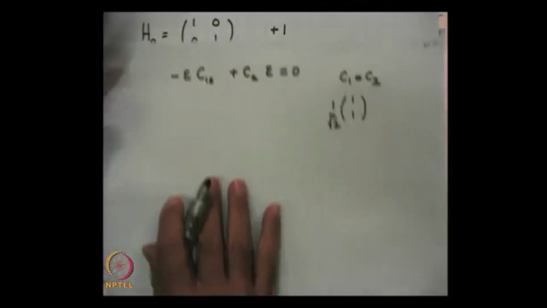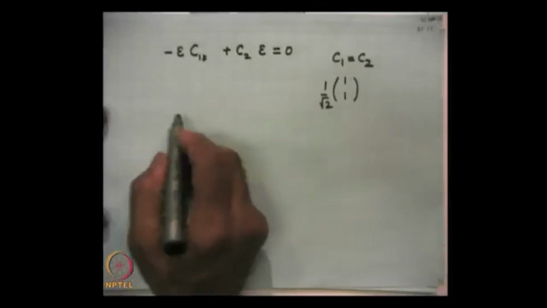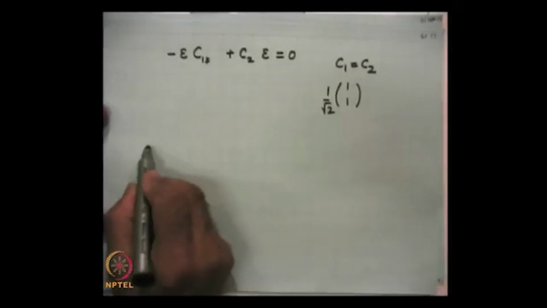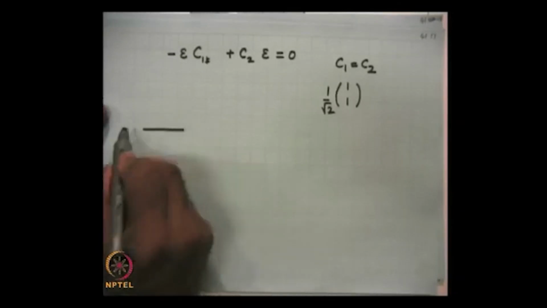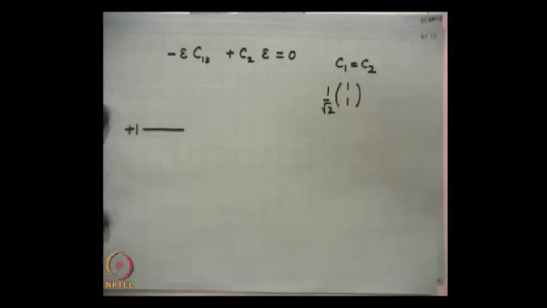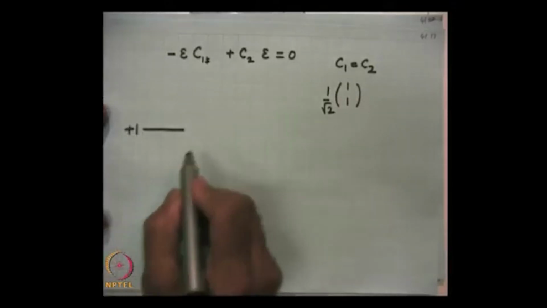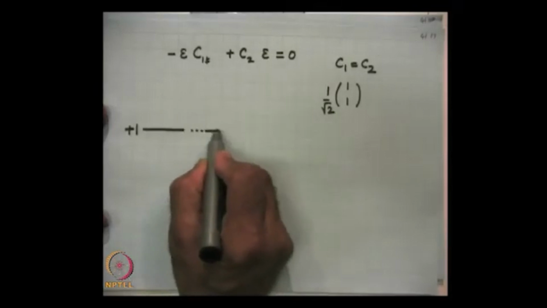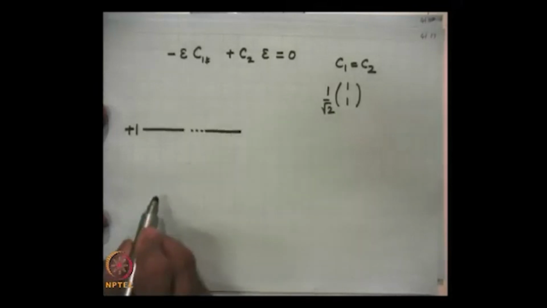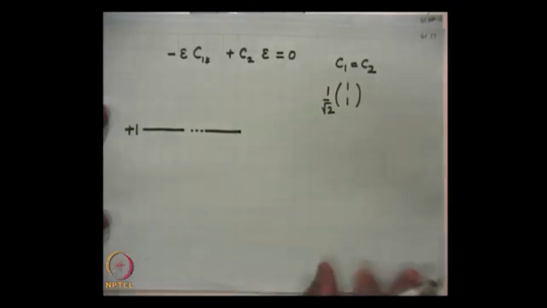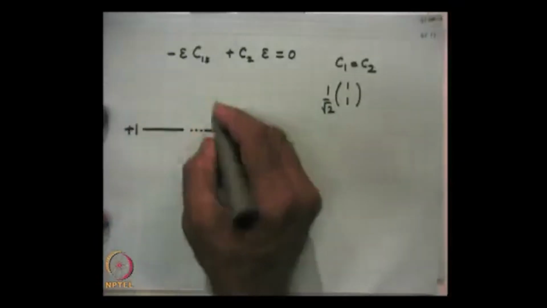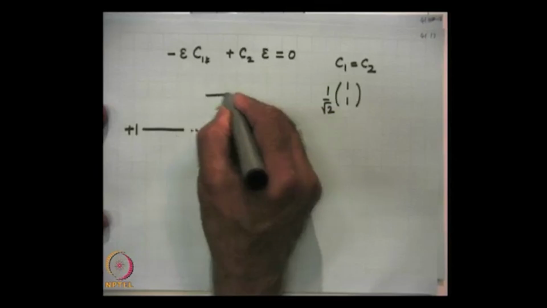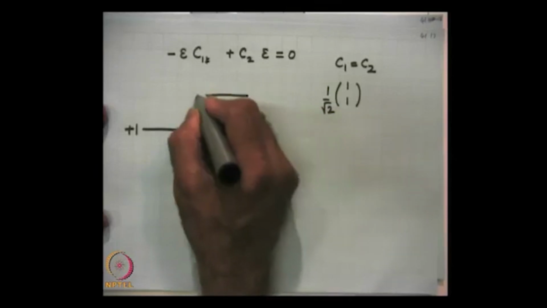Therefore, the degenerate state had only one eigenvalue, 1 plus 1. When you apply the perturbation, it splits into two states: one where the perturbation is 0, and the second is 2 epsilon. So the splitting is 2 epsilon.